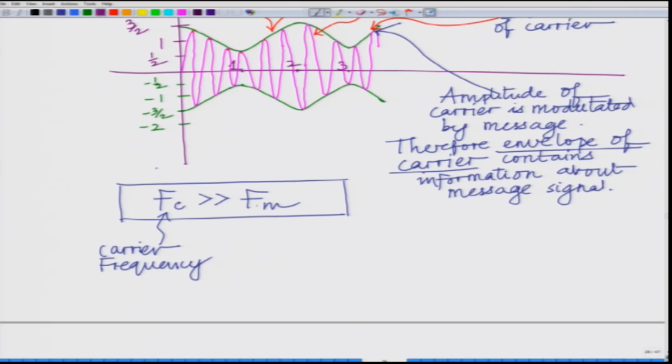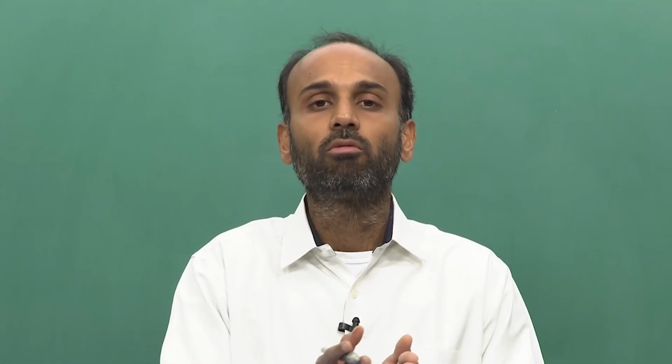So, Fm is the message frequency, otherwise you can also think of Fm as the maximum frequency component in the message, that is, the message is band limited between minus Fm to Fm.